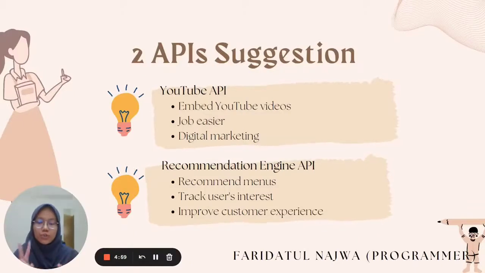Okay, so I suggest two API suggestions for the AirAsia food website. The first is the YouTube API. YouTube API is used to embed YouTube videos into the website. It will make the job easier for the programmer as they don't have to code from scratch to attach the videos or to make the videos and so on.